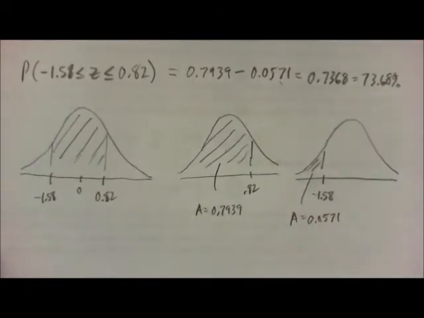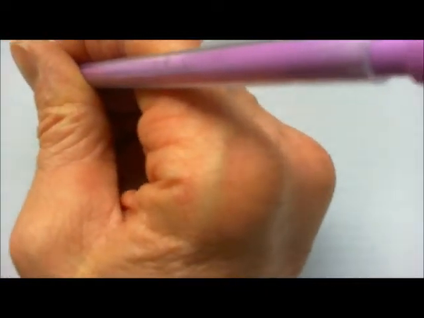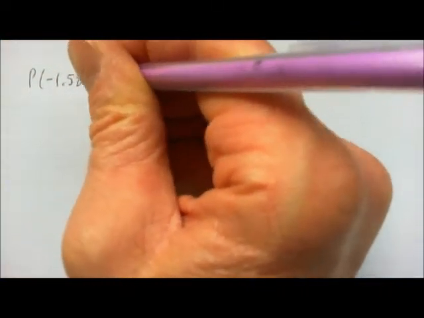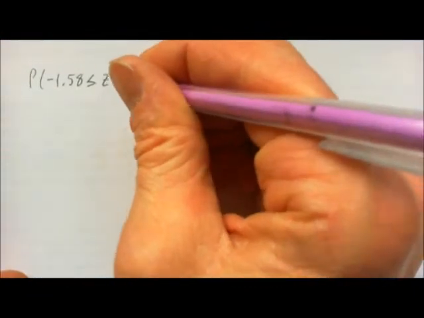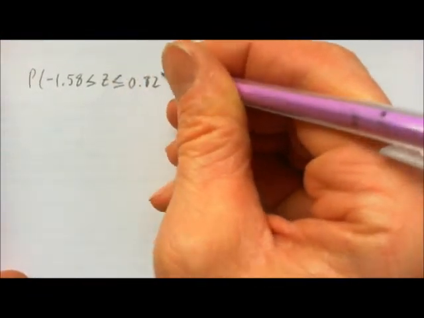Let's redo the same thing with the formula. So again, we have the probability that z is between negative 1.58 and, whoops, let's get rid of that, put it in inequality, 0.82.